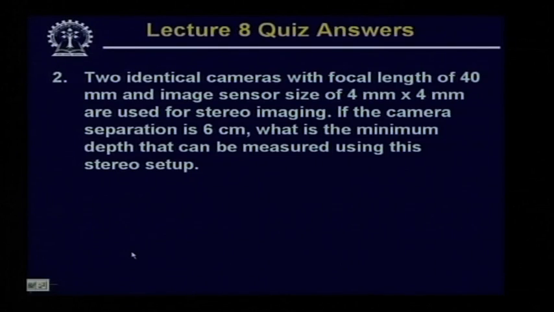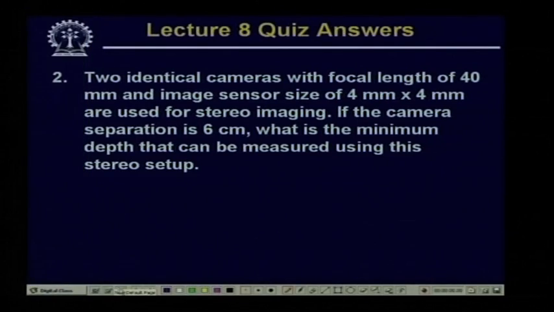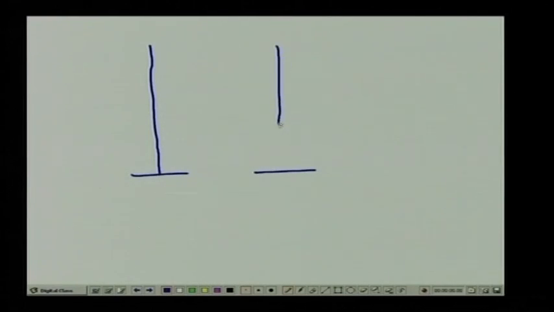Second question was to find out what is the minimum depth that can be obtained by using the stereo camera, where the geometry of the stereo camera was specified. Now, this is also very simple. What you can do is, you find that we have two cameras with certain dimension of the imaging plate.